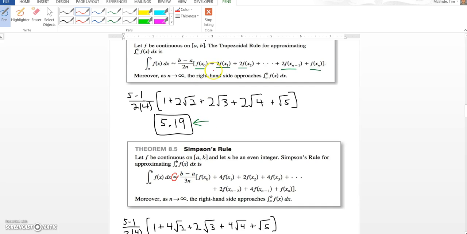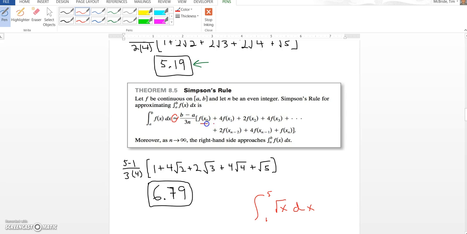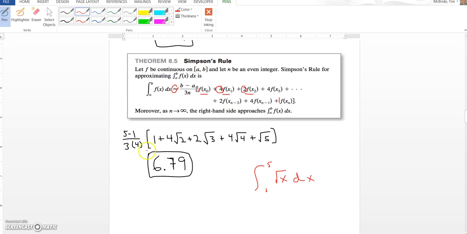And then instead of plugging the f values into the trapezoidal rule, we'll plug them in here instead. Just be careful that you notice you have a 1 coefficient, a 4 coefficient, then 2, then 4, then 2, then 4, and then your last one's a 1. So if we plug that in, b minus a over n, you have a 3 on the bottom.